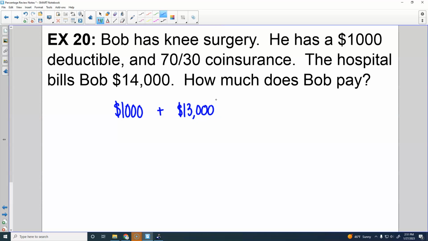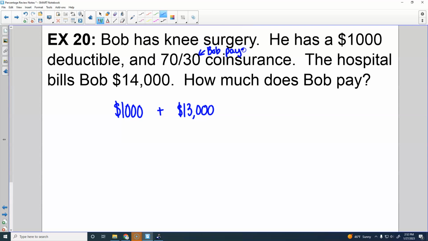And most insurances are going to be 70-30 or 80-20. And that would mean that the insurance pays 70%, you have to pay 30. Or if it's 80-20, another really common one, they pay 80, you pay 20, right? The second number is how much Bob pays.